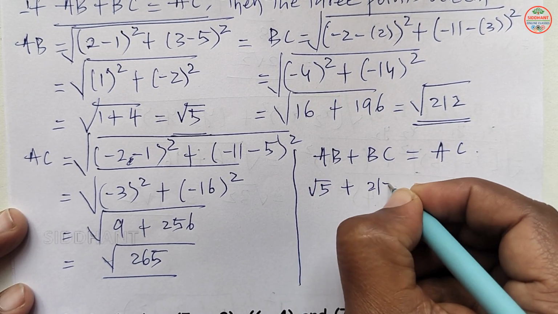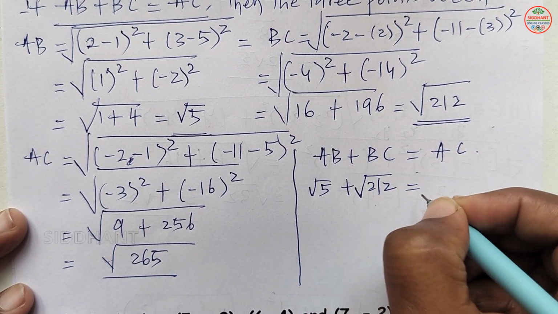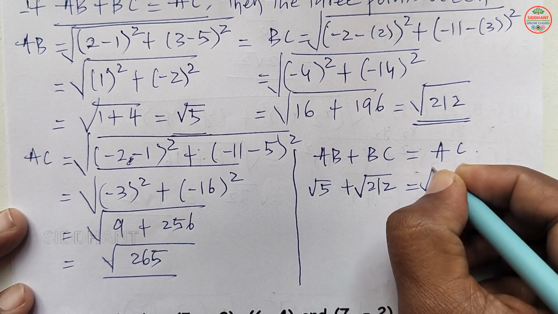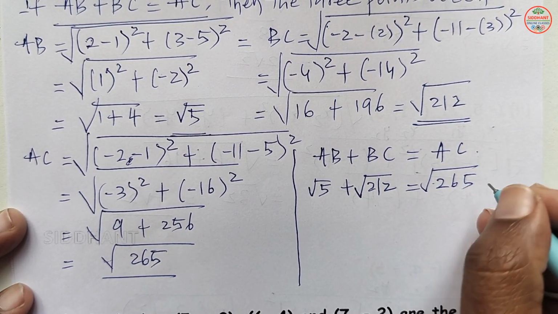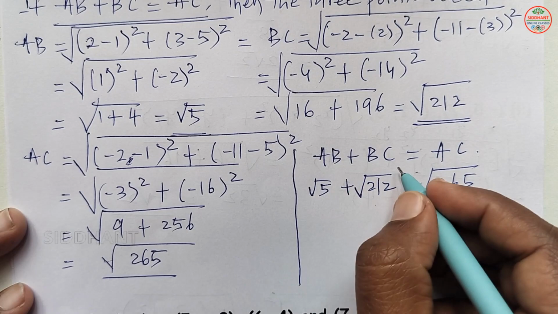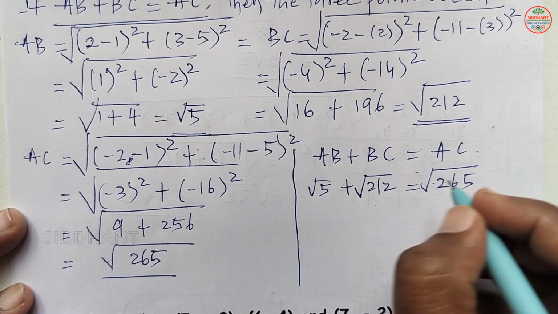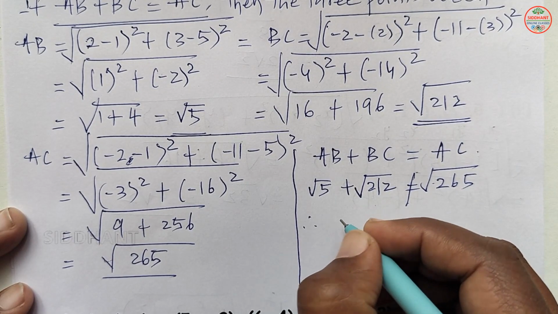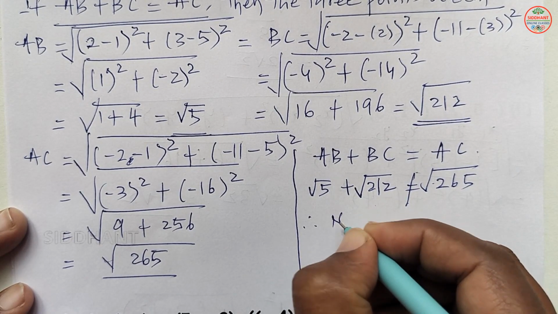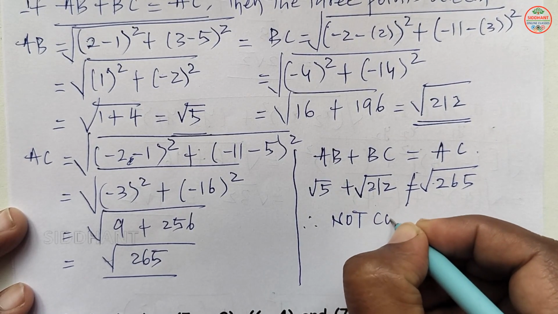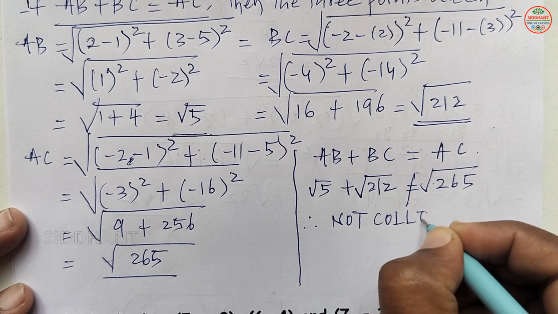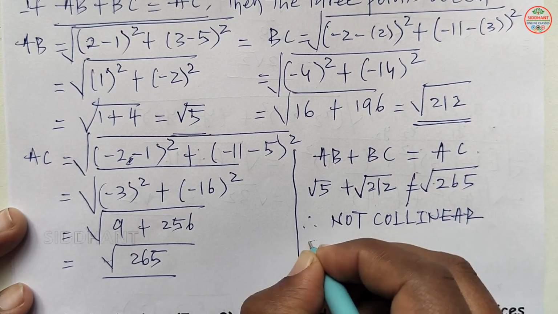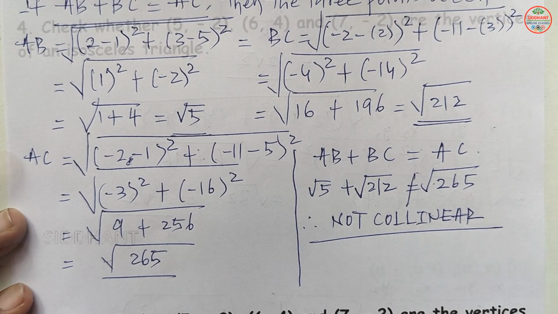BC, 212 square root, and AC we got square root 265. So when you are going to see, AB plus BC is not equal to AC, so this is not equal. So therefore we are going to say that the 3 points are not collinear. So this is the answer.